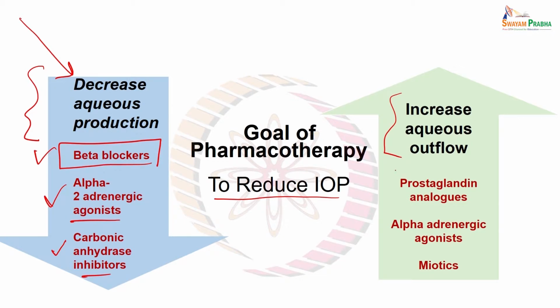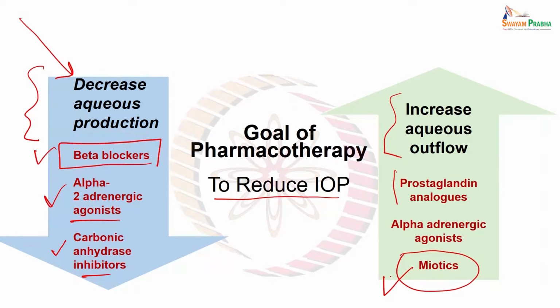On the other hand, the drugs which can increase the outflow are called miotics, which cause the pupil to constrict. When the pupil constricts, the canal of Schlemm will open, and that is why cholinergic drugs which are miotics are useful.